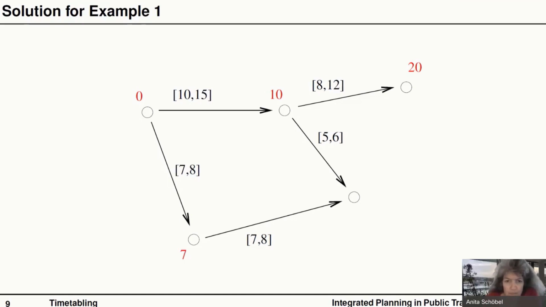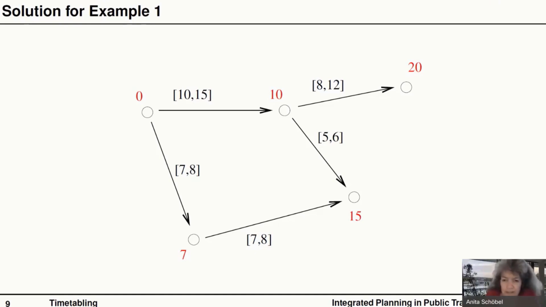And then we go to this lower left station and we assign a 7. Now it's getting a little bit exciting, because now we have to respect two activities. But if we assign a 15 here, we see that for both activities we have done a good job. On the one activity we have a duration of 5: 15 minus 10 is 5, which is in the interval from 5 to 6.